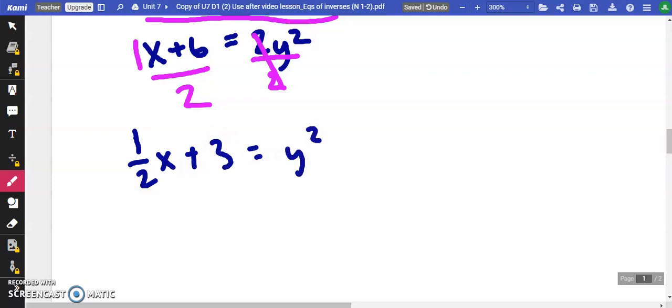And then the little extra piece is that we need to do a square root to get rid of the exponent on the y. And then since we are taking the square root of a variable, we need to remember to put the plus minus in front of the square root before we submit our final answer.